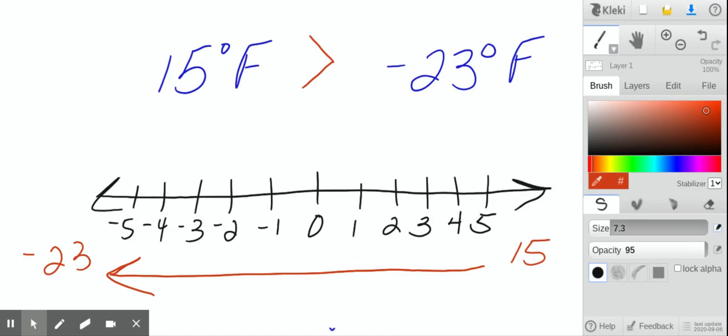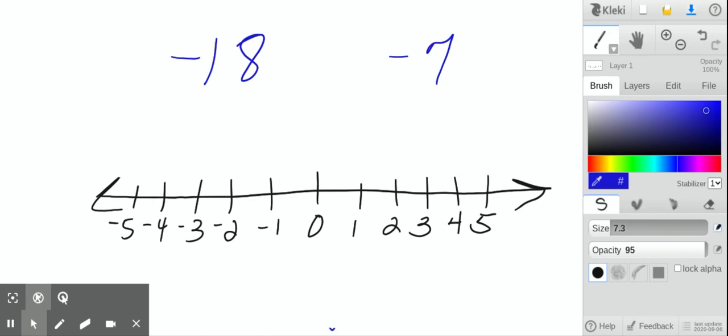Now let's look if we have two negative numbers. So let's say we were comparing negative 18 to negative 7. Think about what I kept saying. The larger the negative, the smaller the value. So because negative 18 is larger, that is smaller than negative 7.